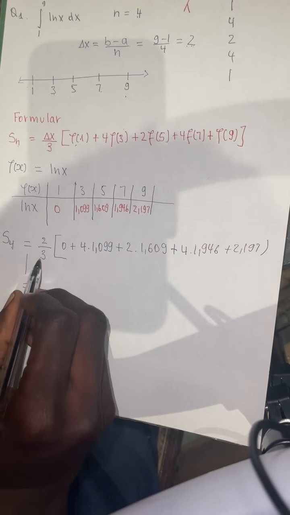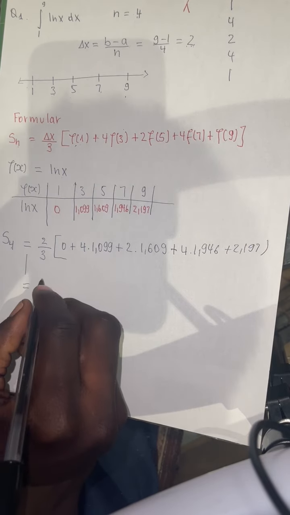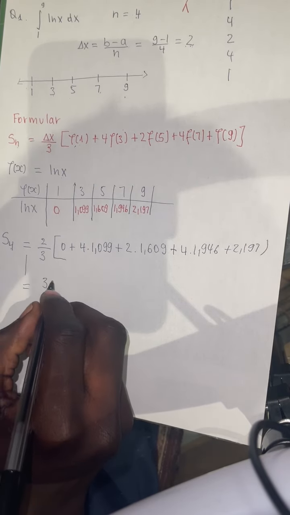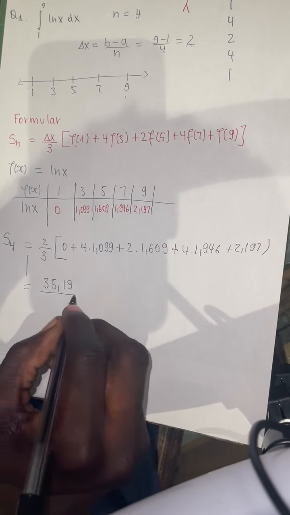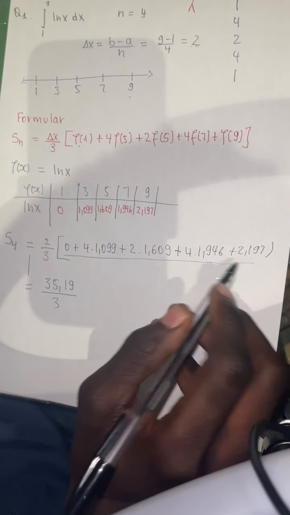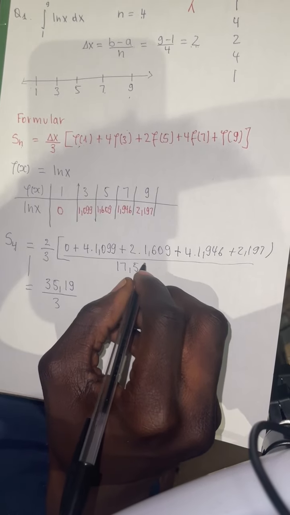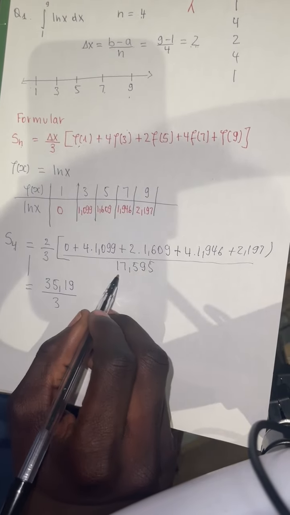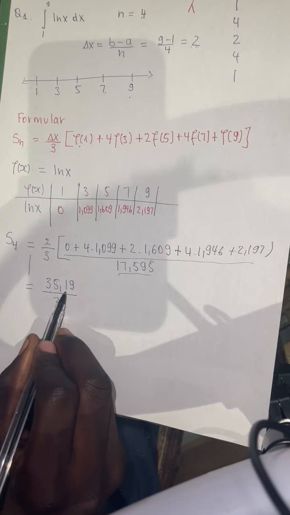If you take your calculator, you should be able to find the answer. The value inside there, if you add them, you're going to find something like 17.595. Then you multiply by 2 and you find 35.19.